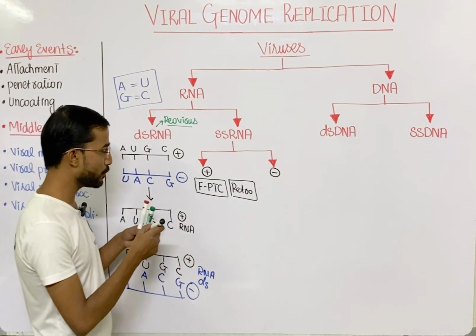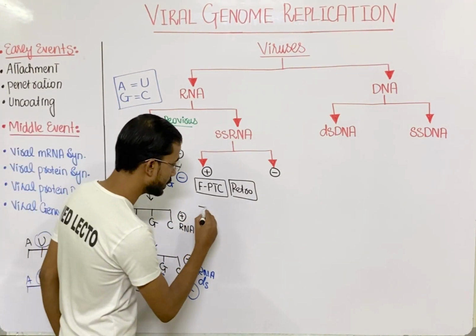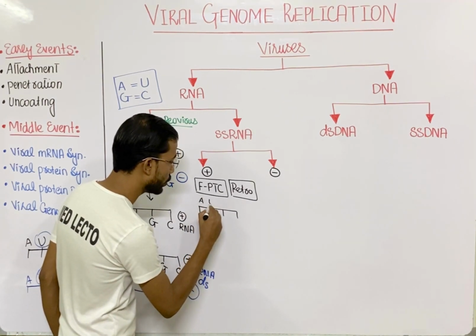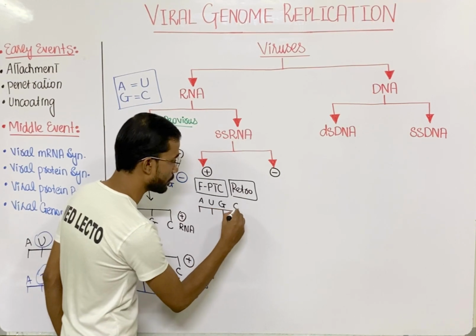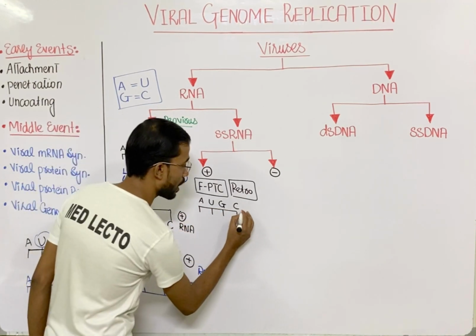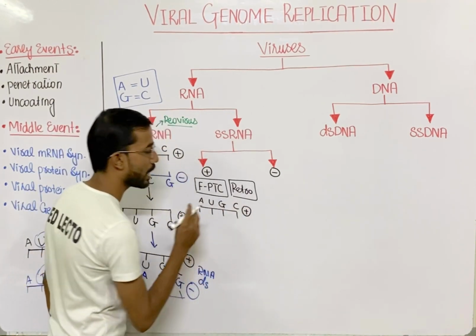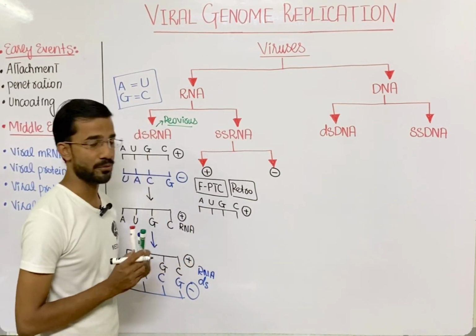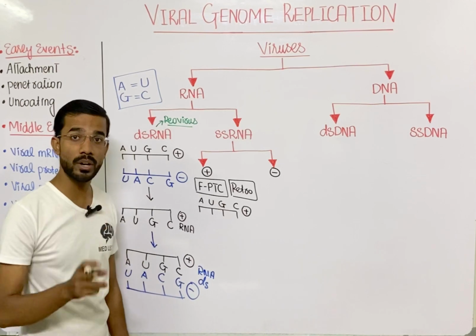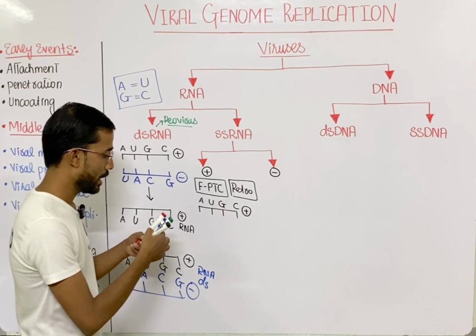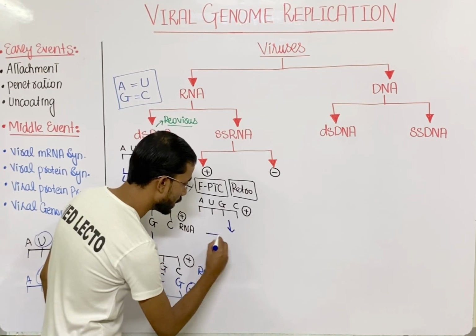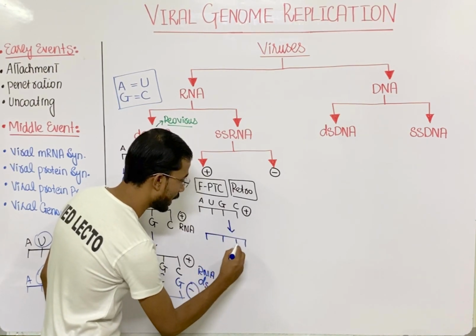Similarly, if you see here, this is AUGC, the positive polarity sequence of the RNA. From the positive, it will first convert into the negative polarity RNA.